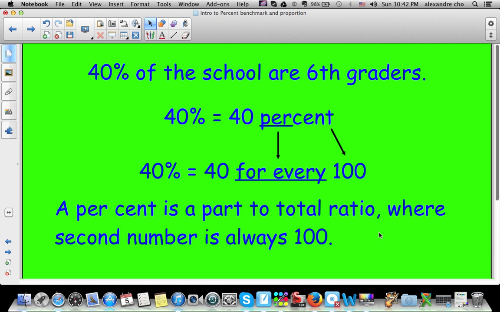You know, everybody knows what 90% is. If you got a 90% on a test, you know you did well. If you got a 20% on a test, you know you did poorly. So I guess we like using percent as grades, as something to determine how well we did on something or how poorly we did on something.